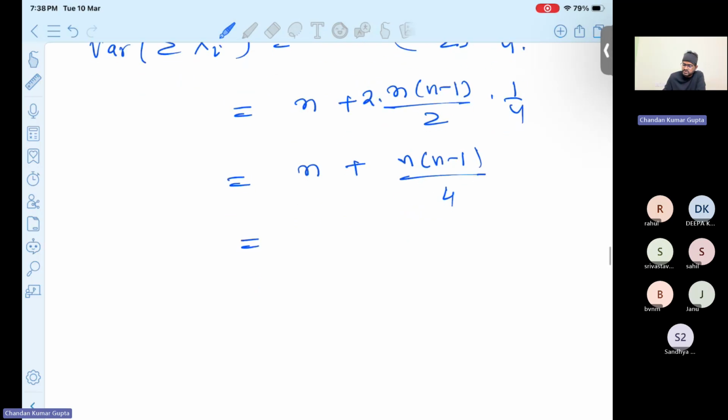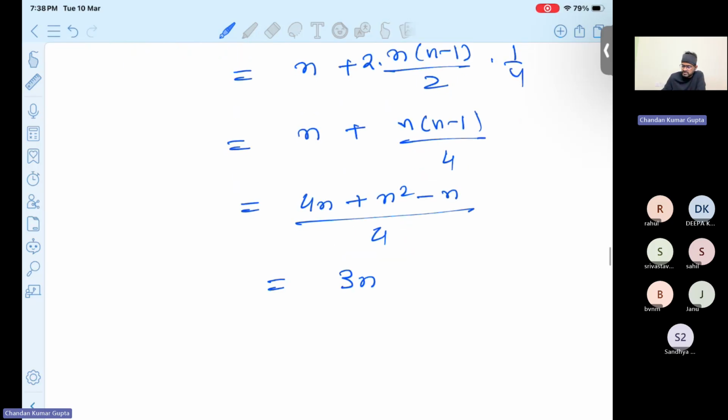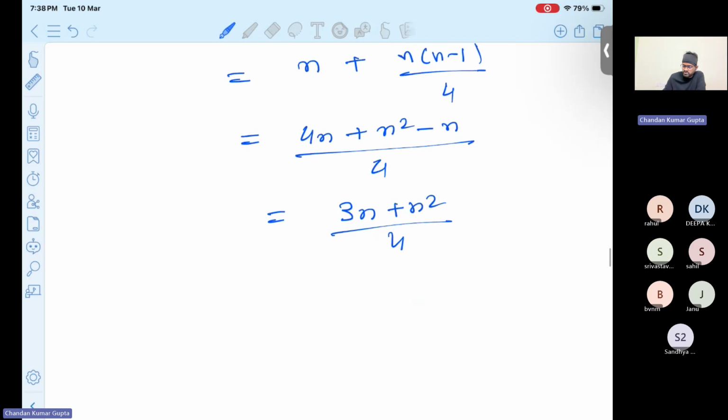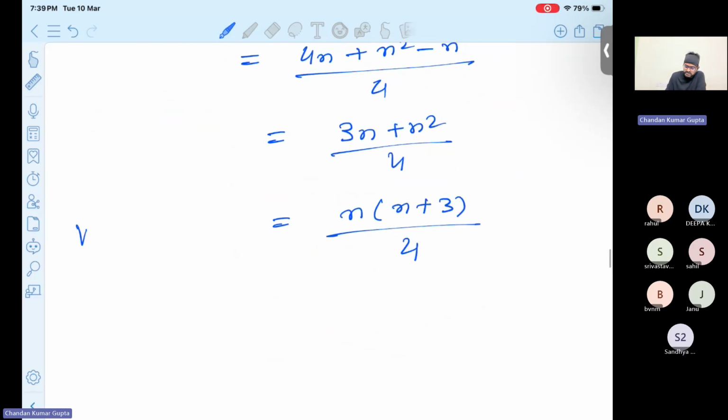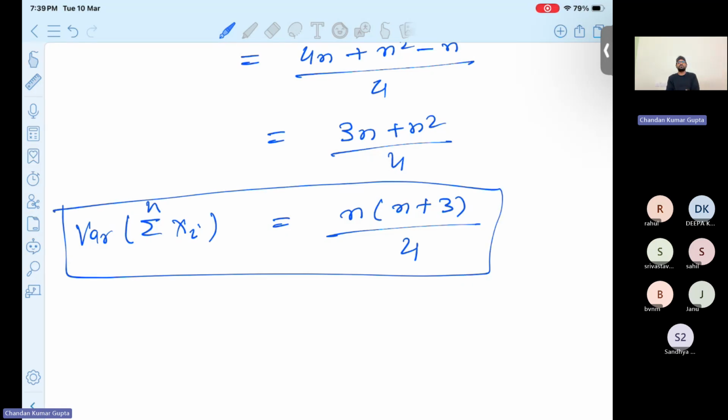So it's 4n plus n square minus n upon 4, which comes out to be 3n plus n square by 4, which is again equal to n times n plus 3 by 4. And this is our variance of the summation of xi, since we have not been given any other condition.